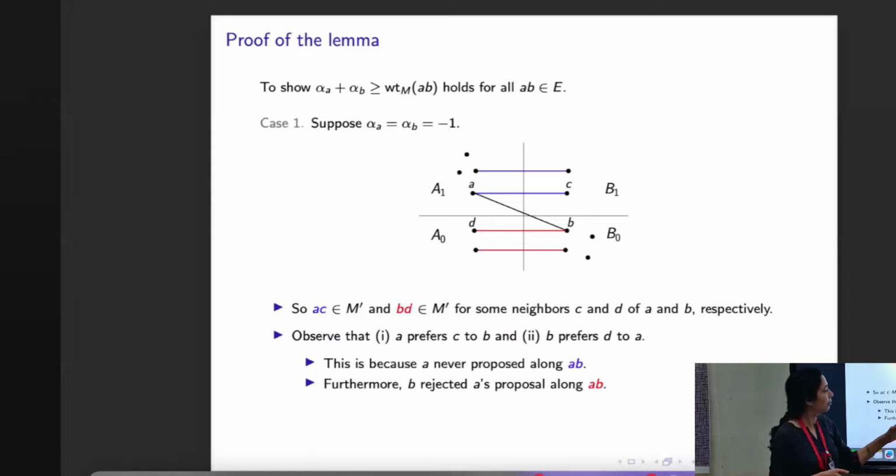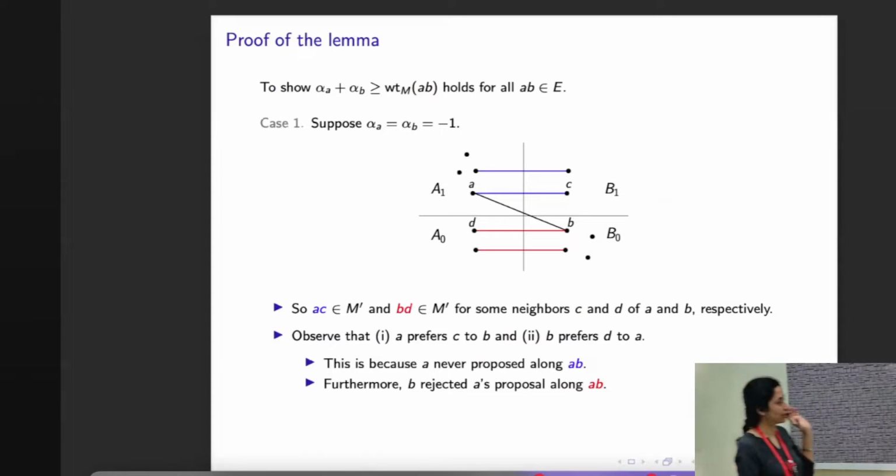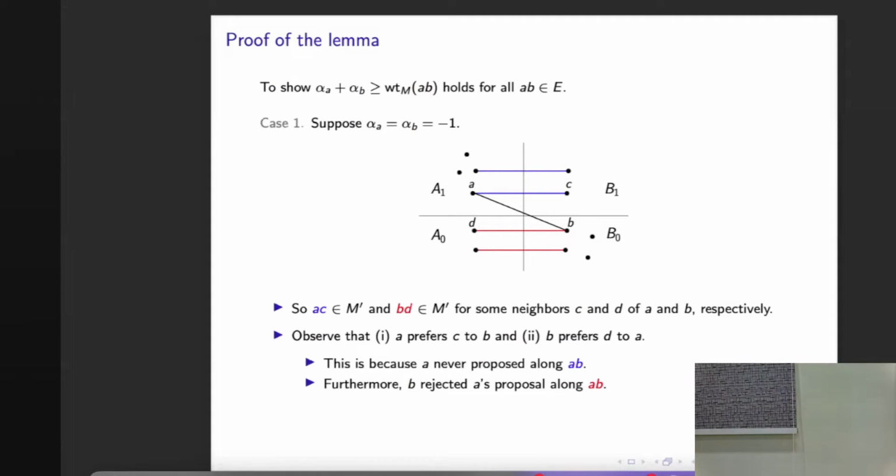In particular, B rejected A's proposal along AB, because if B had accepted A's proposal along the red edge AB, A would never have gone even lower to propose along a blue edge. It is just a question of how we define that vertices in the set capital A prefer red edges to blue edges, and vertices on the right prefer blue edges to red edges.